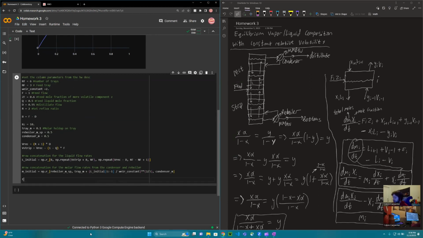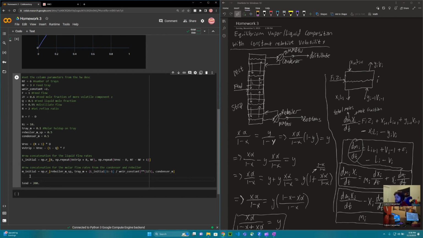Okay, so now we can set our T n is equal to 200 dot, and that is going to be our runtime for this little simulation we're going to be running. Okay, so shift enter.